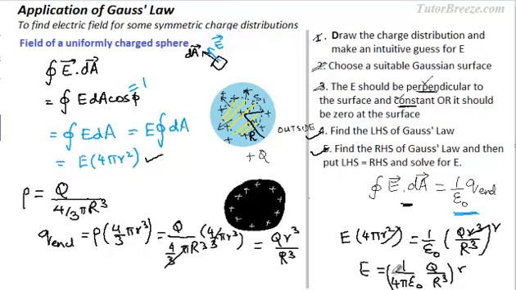You can see that this is a constant. The total charge on the sphere and the radius of the sphere itself are constants. So this shows that the electric field is proportional to r.